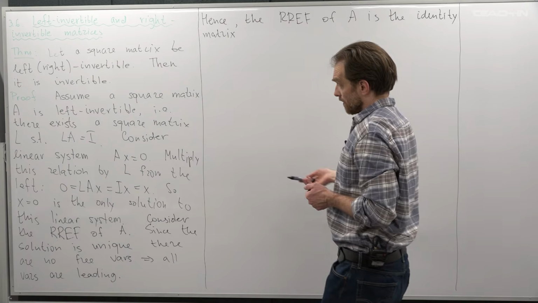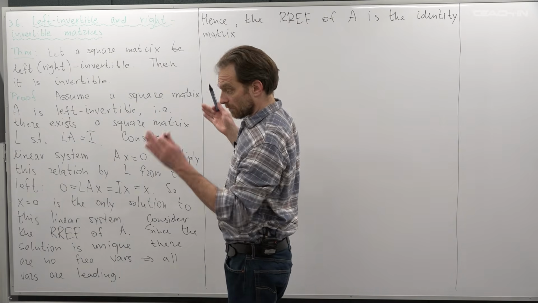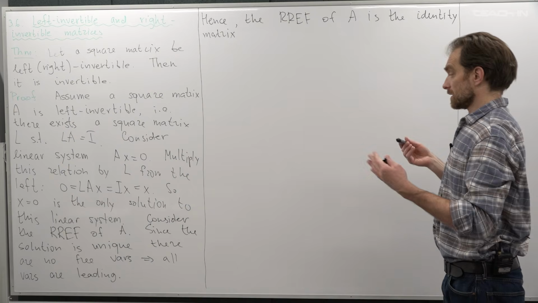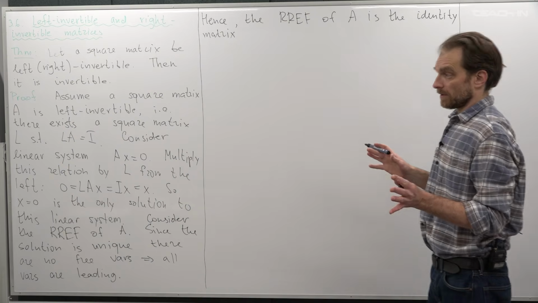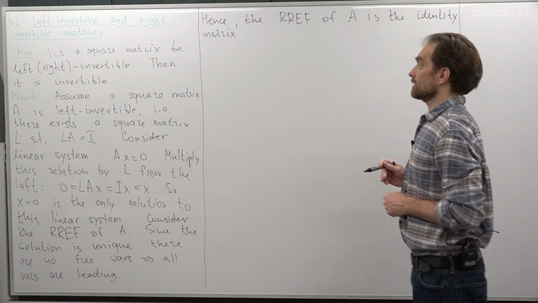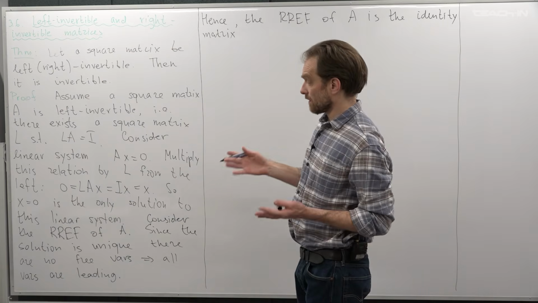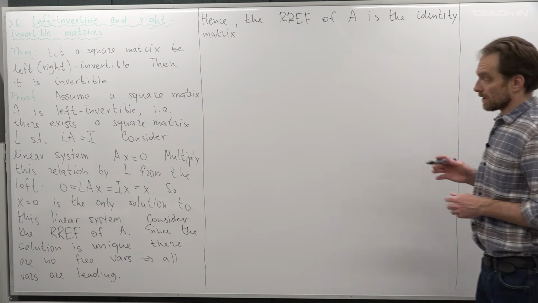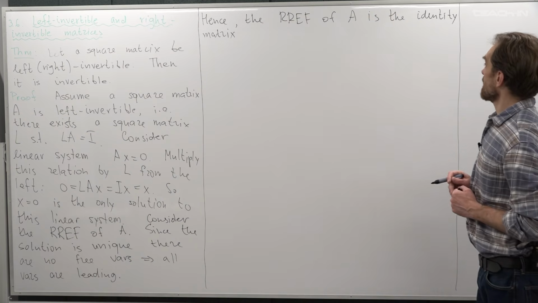Just because we are talking about square matrices, the number of rows is equal to the number of columns, and since there are no free variables, all the variables are leading, so according to the definition of the reduced row echelon form, it is exactly the identity matrix.